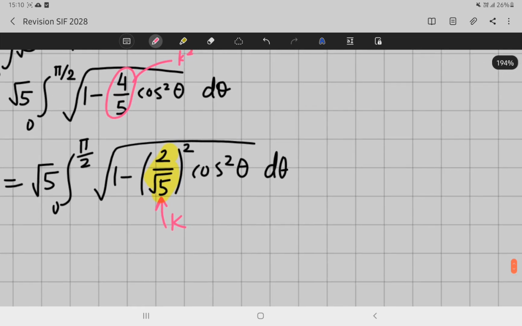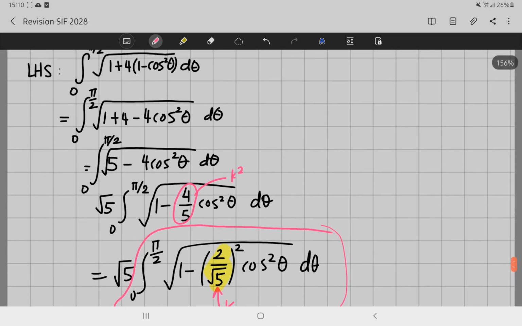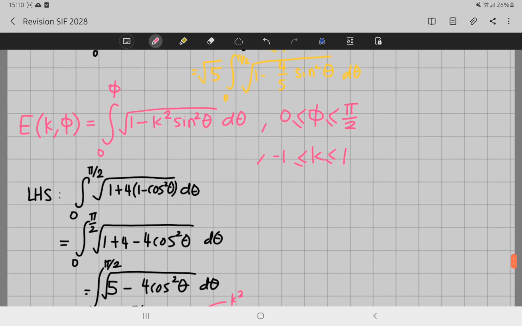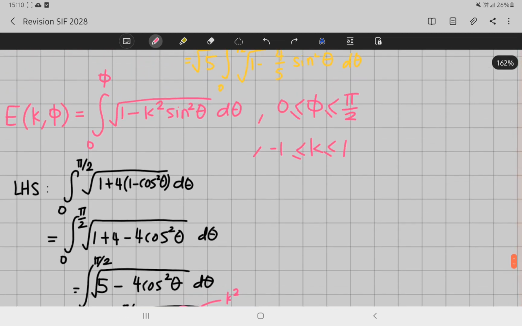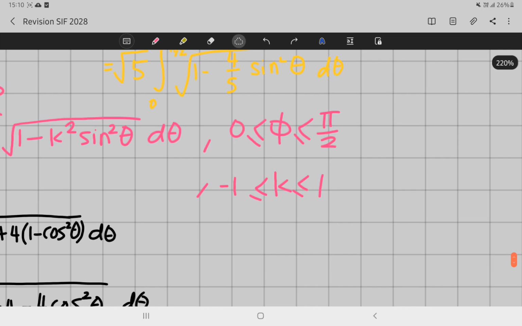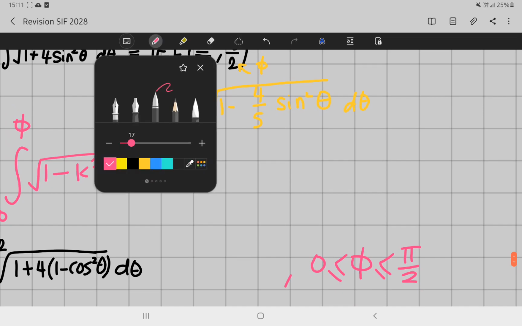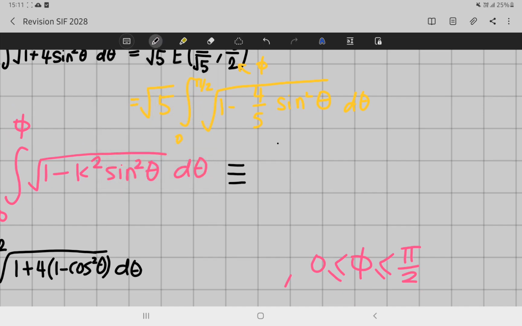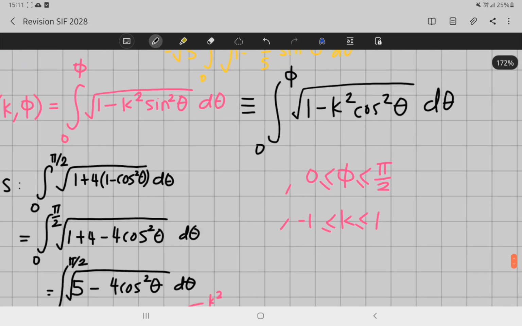I want to convince you that this integral is the same as our general formula, even though it differs by the sign. So I will move the limit first. This is equivalent to the integration from 0 to phi of square root of 1 minus k square cosine square theta d theta with the same limit applied.